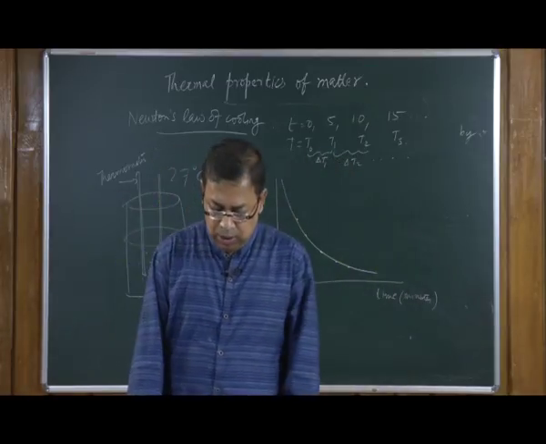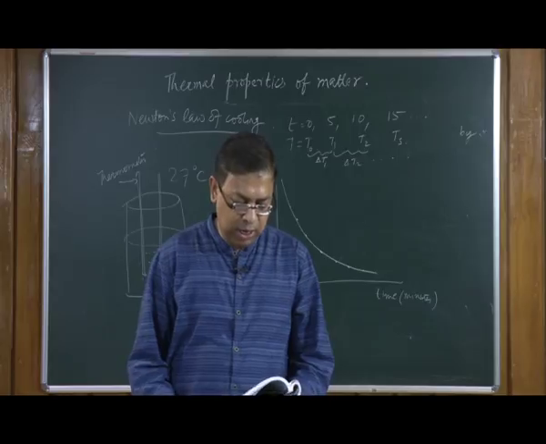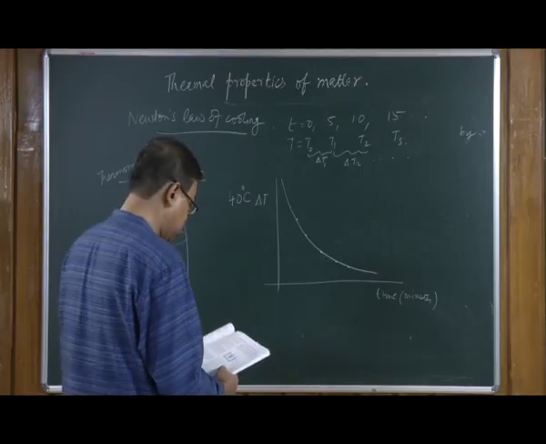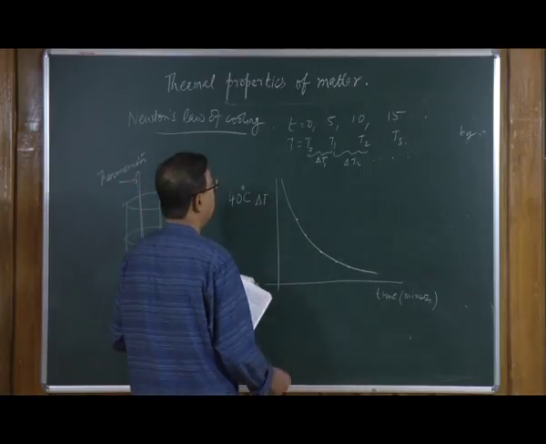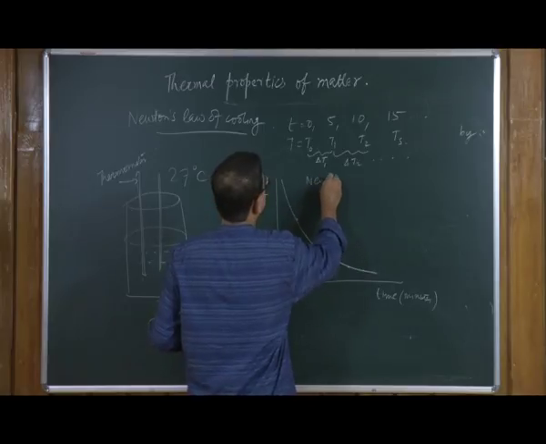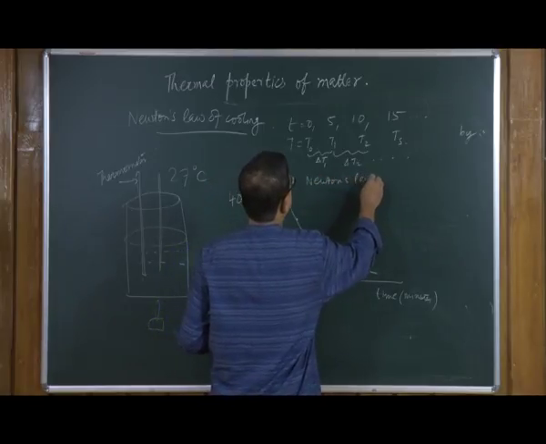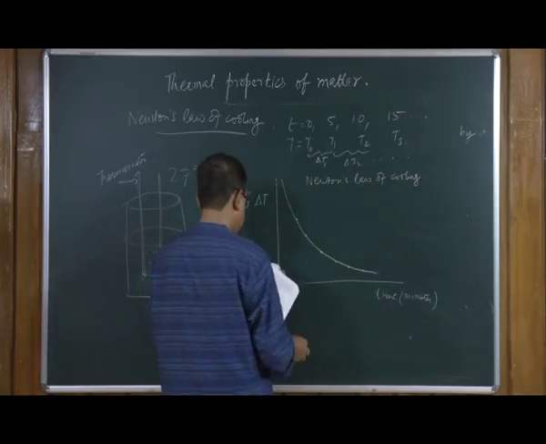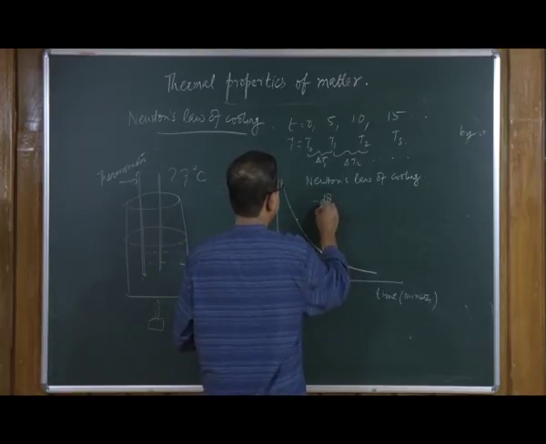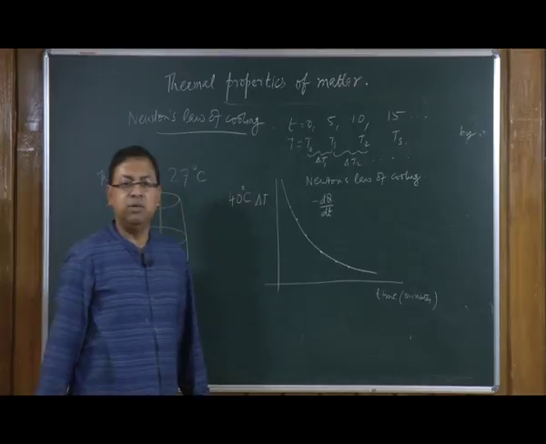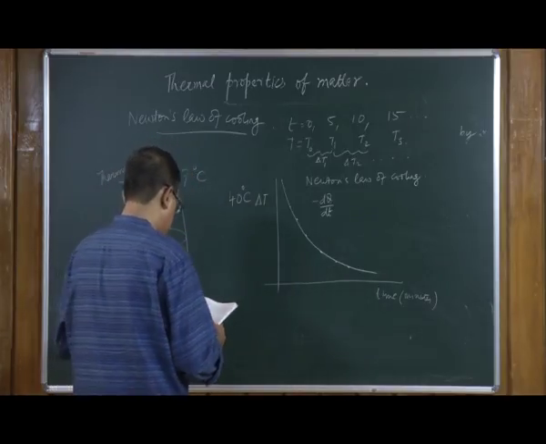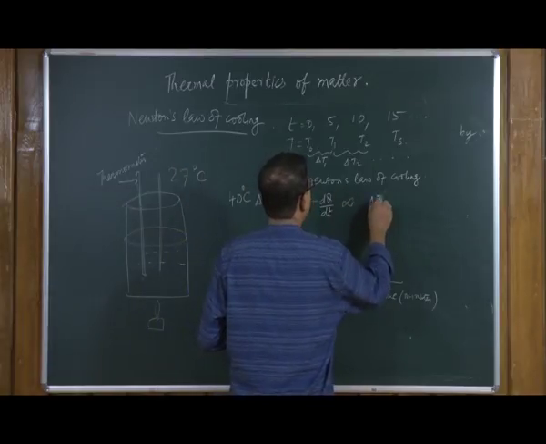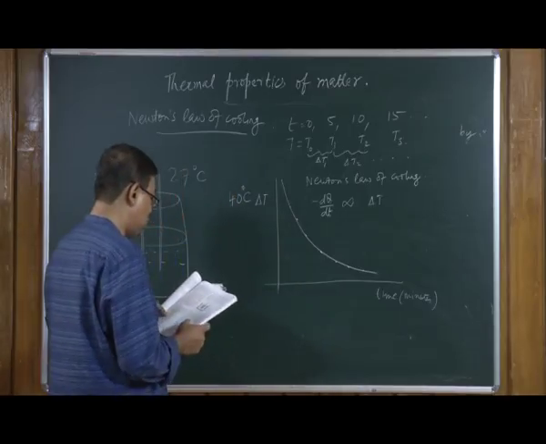This is called Newton's law of cooling, which states that the heat loss of a body, which is minus dQ/dt, the minus sign represents that there is a loss, is directly proportional to the delta T, or the temperature difference of the body and its surrounding.